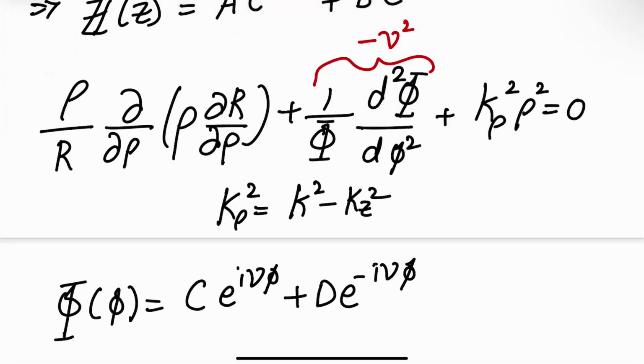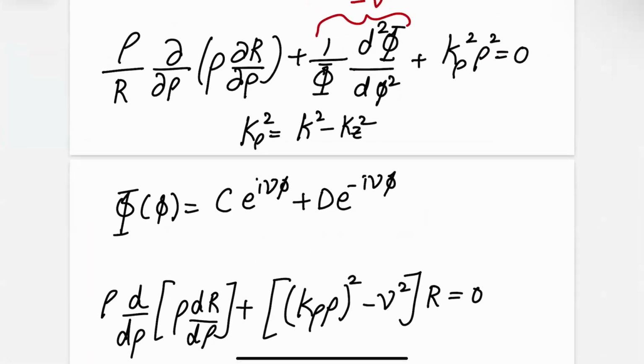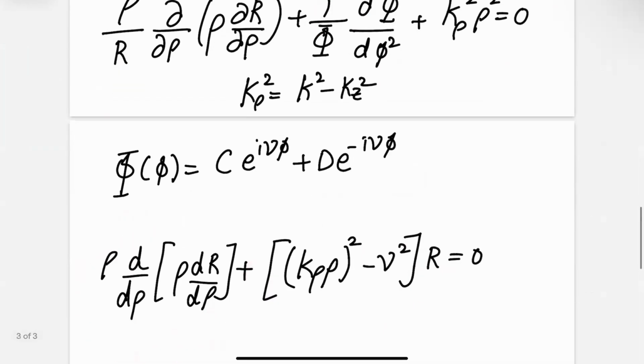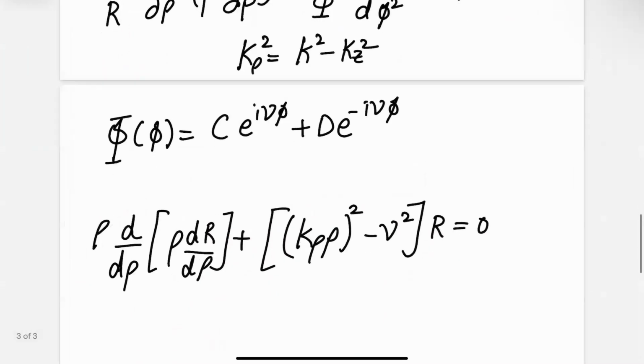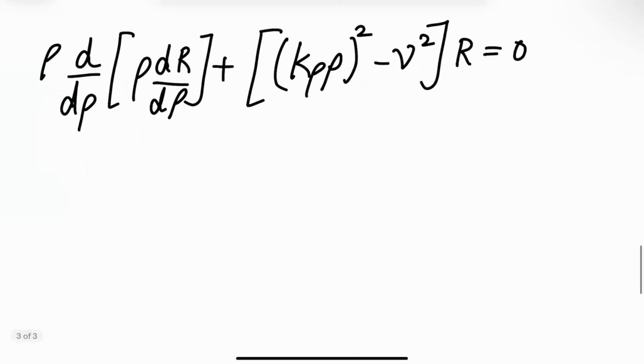So you get this term multiplied with r, and here this guy goes away. So you're left with this term. And of course, you don't need to write partial derivatives because we know that this is only a function of rho, not a function of phi and z. Okay, so it's the total derivative.